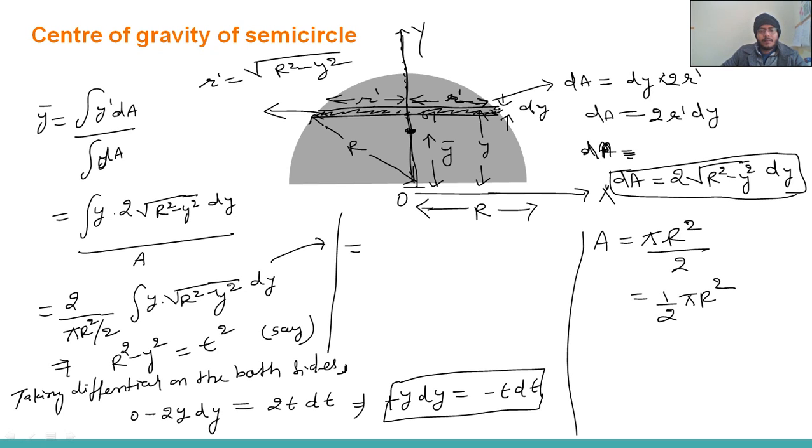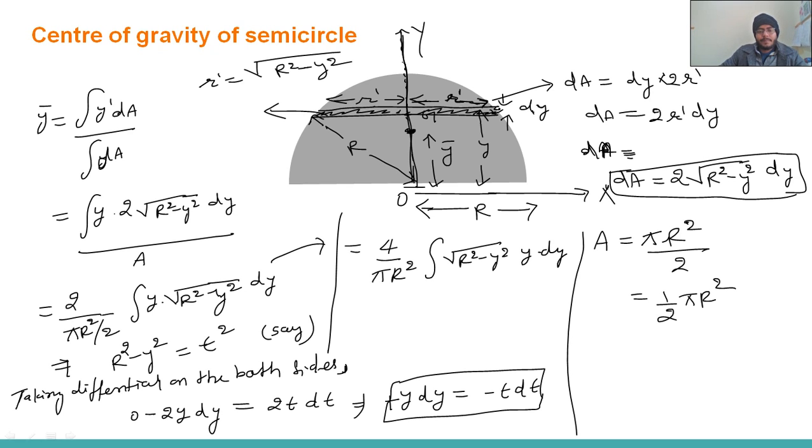Now I'm writing here 4 divided by pi r square integration of root under r square minus y square, y dy.